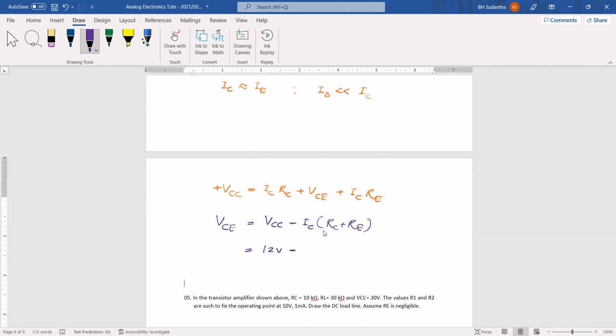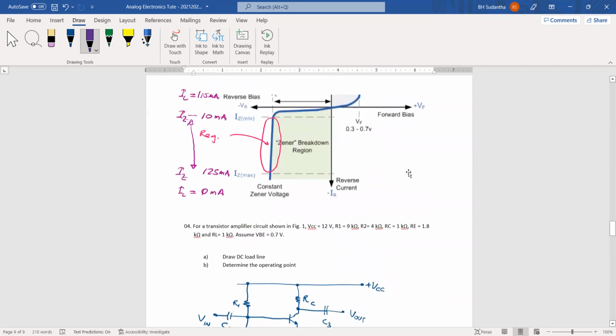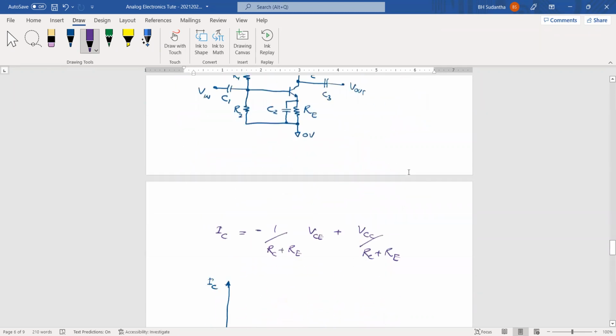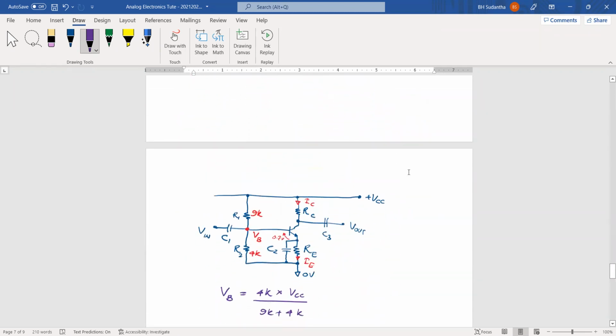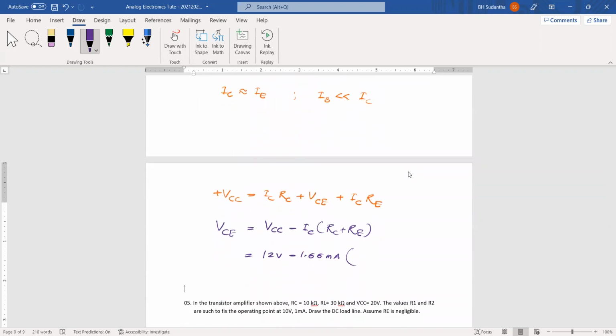IC is 1.66 milliampere. RC, how much? RC is 1K, and RE is 1.8K.